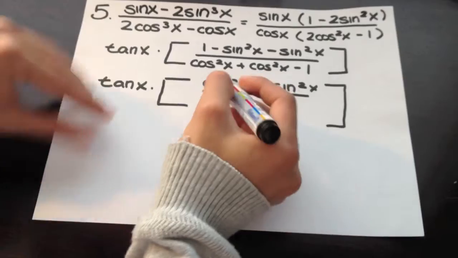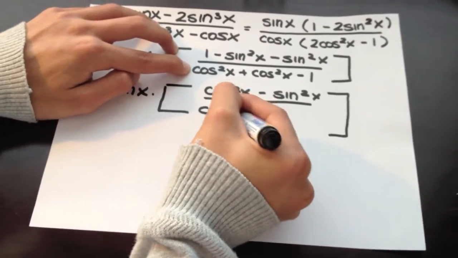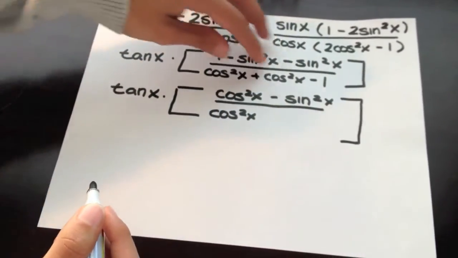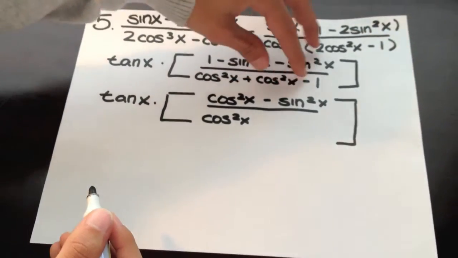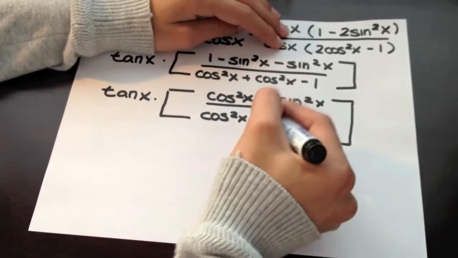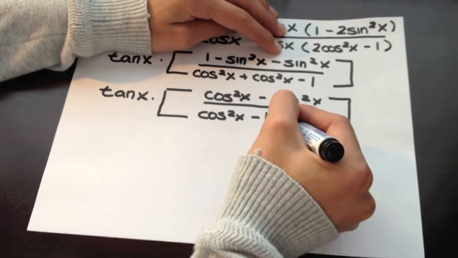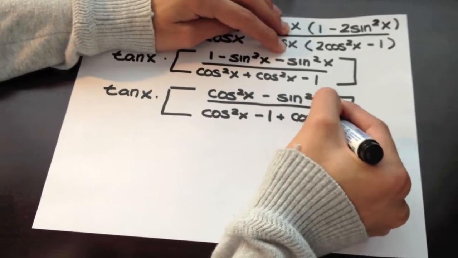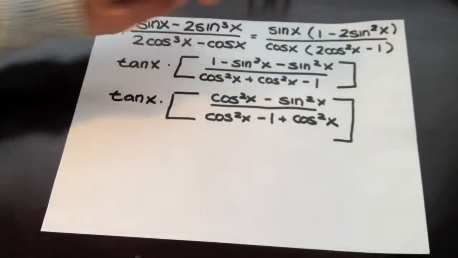We're going to rewrite this as tan of x times bracket 1 minus sine squared of x, which, if you recall from your trigonometric identities, is the same as cos squared of x. So we're going to substitute cos squared of x here minus sine squared of x. This is going to be over cos squared of x, and notice that I'm going to flip cos squared of x with negative 1. And I'm going to end up with negative 1 plus cos squared of x.